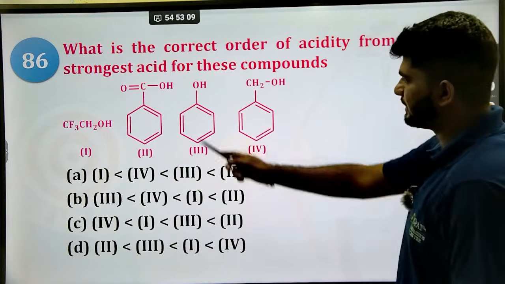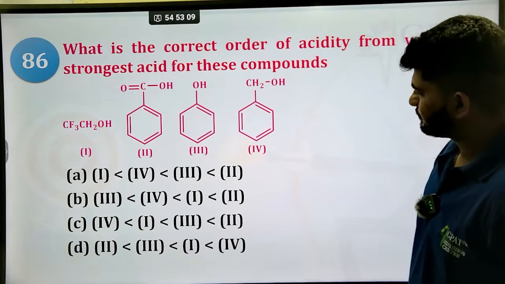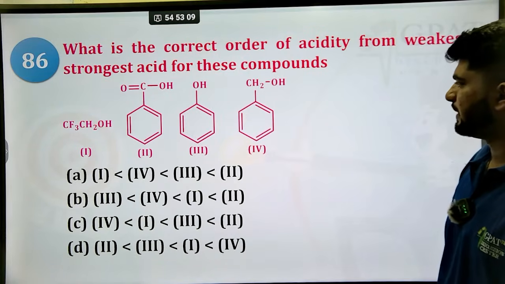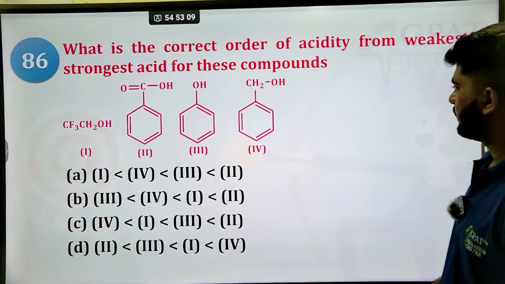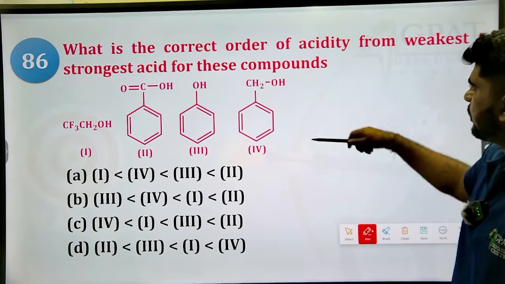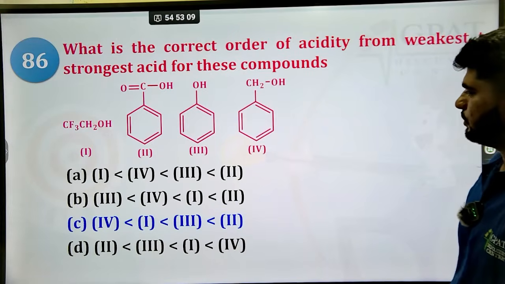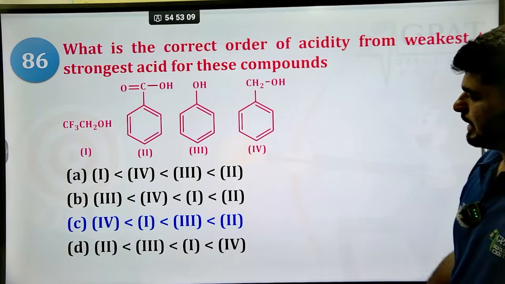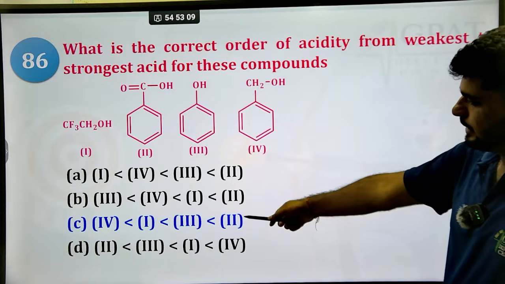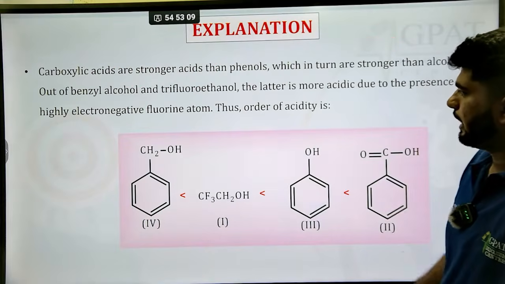Your benzoic acid. Phenol, and this is your benzyl CH2OH. So this is first, second, third, fourth. What is the correct order of acidity? Here, this is your fourth, which is your least. First is the one, then third, and then second would be your highest. Okay.